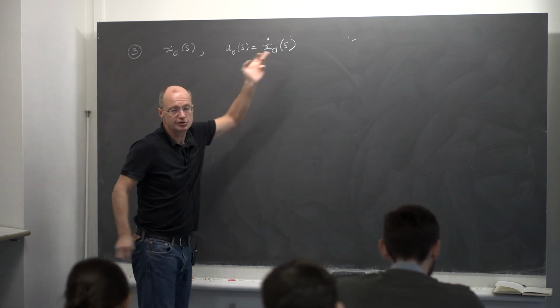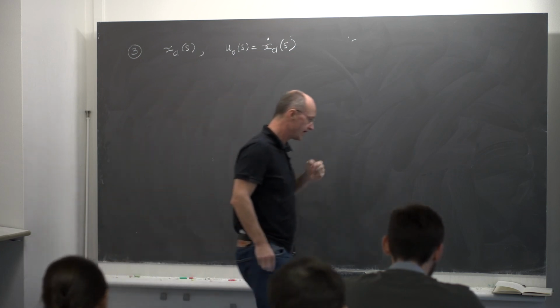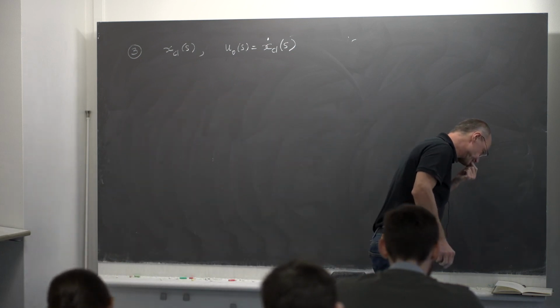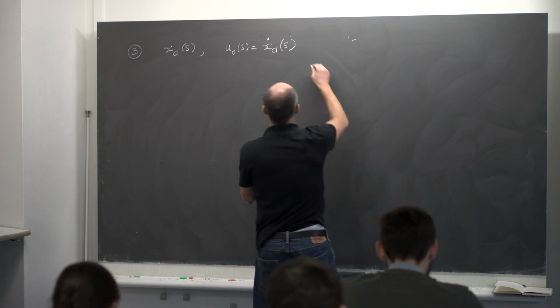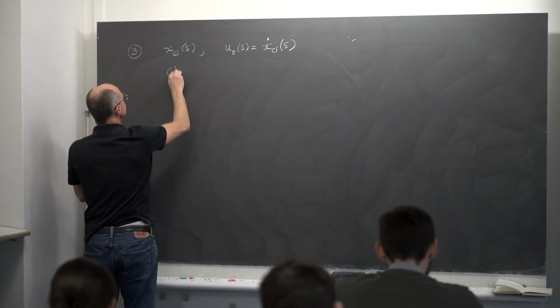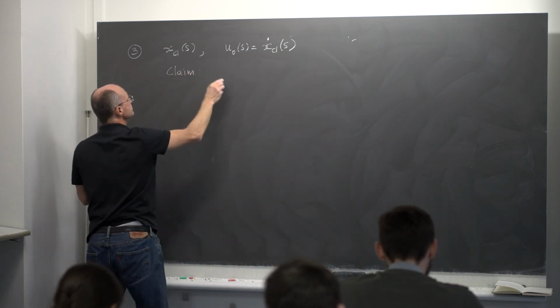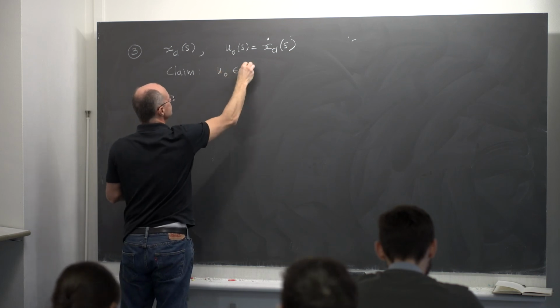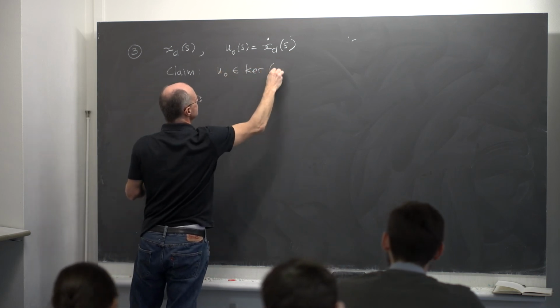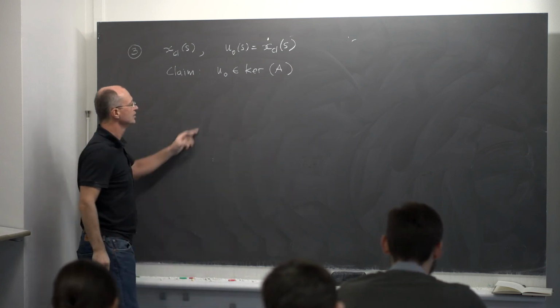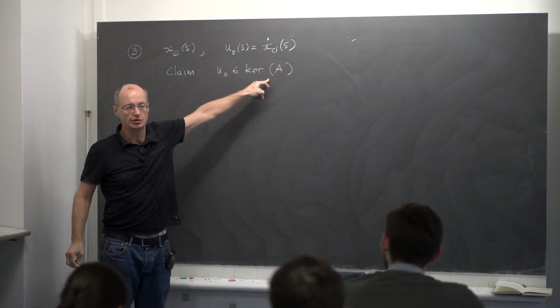Well, this is some function, and it turns out that u naught is an element of the kernel of A.